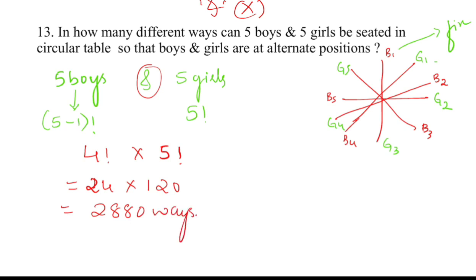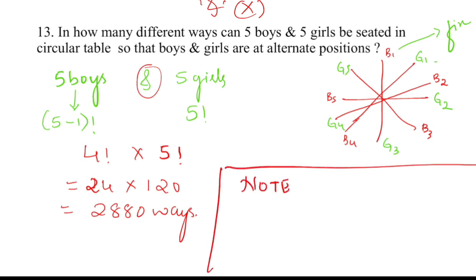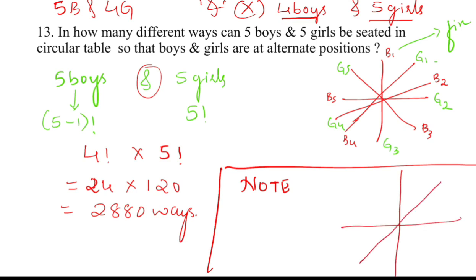One more small note I want to tell here: you cannot get 4 boys and 5 girls to arrange at a circular table. When a circular table problem is there, you cannot get a 4 boys and 5 girls or 5 boys and 4 girls problem, because now see here, if it is 4 boys and 5 girls, then 9 places will be there.